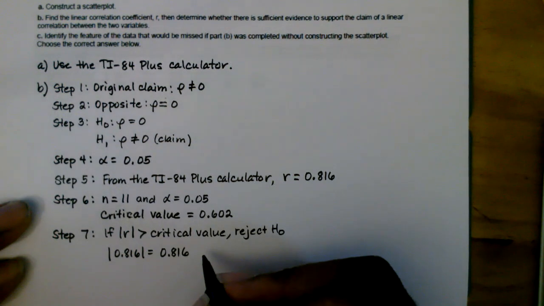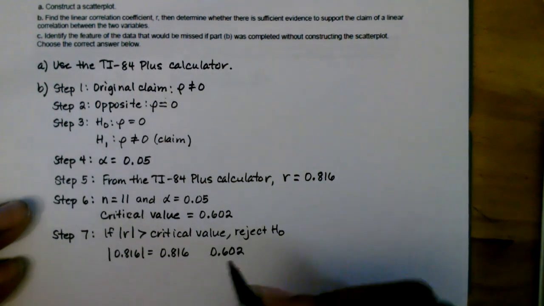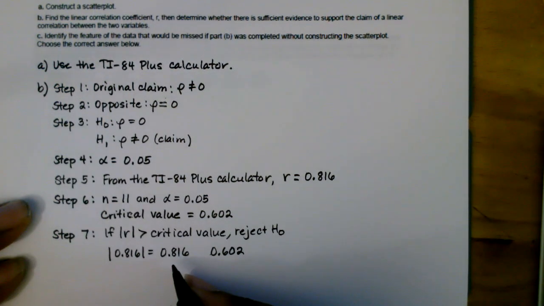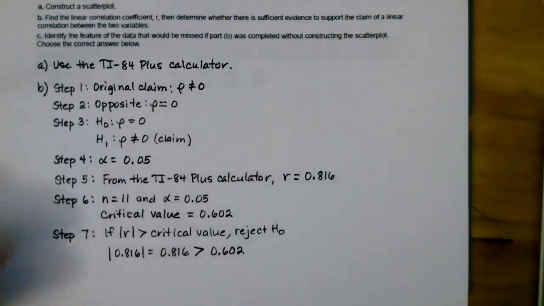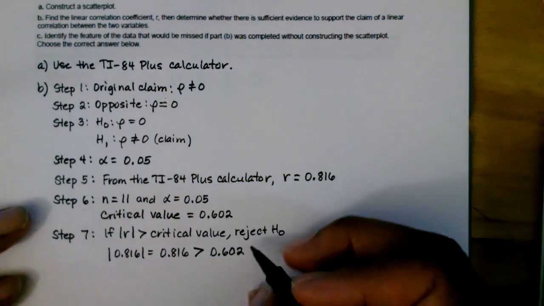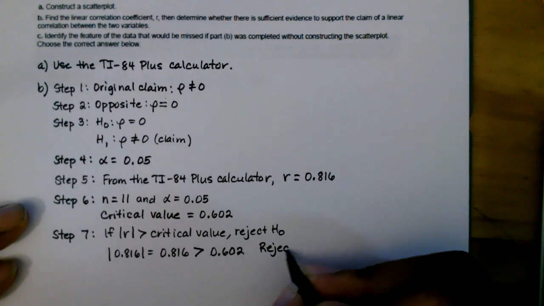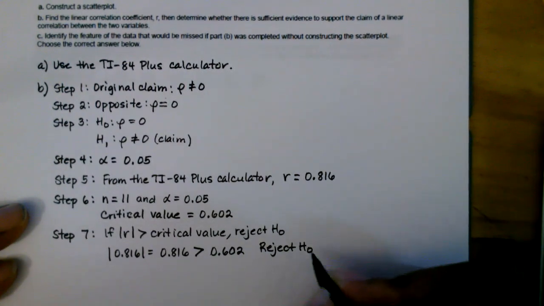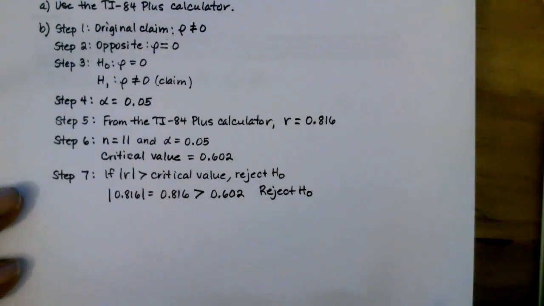The critical value was 0.602. Compare 0.816 to 0.602. You'll see that it is greater than your critical value. It does satisfy the decision rule. So that means we need to reject the null hypothesis.